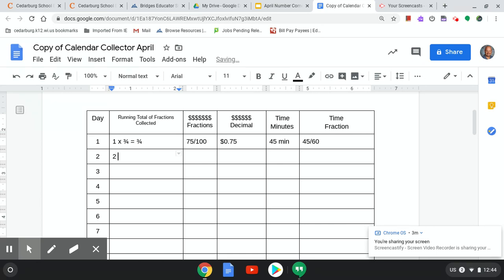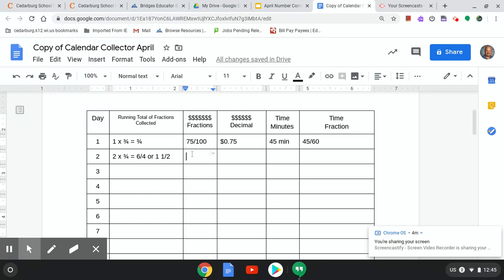So we can then fill in for day 2. Day 2, we're going to have 2 of them now. 2 times 3/4. Now, what is that going to equal? I think it's going to equal 6/4, or 1 1/2, because 4 goes into 6 one time with 2 left over. So that would be 1 2/4, and we can reduce 2/4 to 1/2.